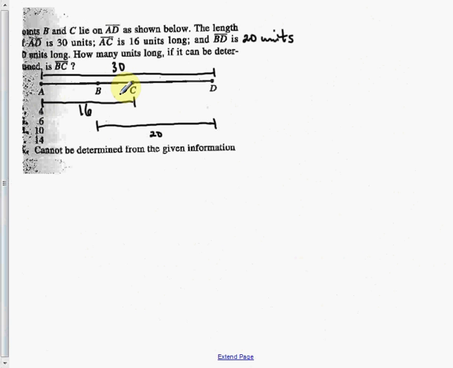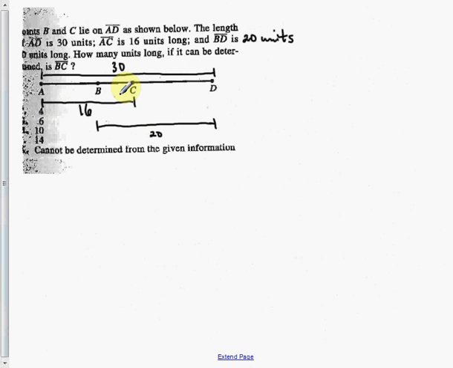Notice with BC, if I add AC plus BD, I'm also adding BC twice in there, right? So when I add AC plus BD, I have to subtract BC out to equal the total.